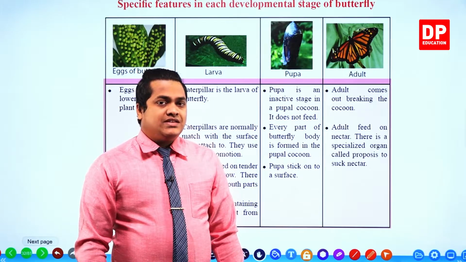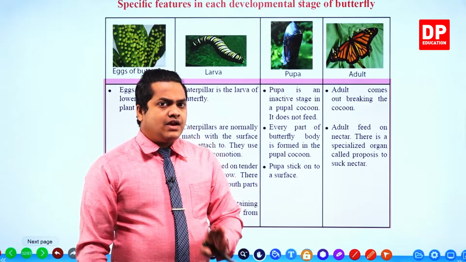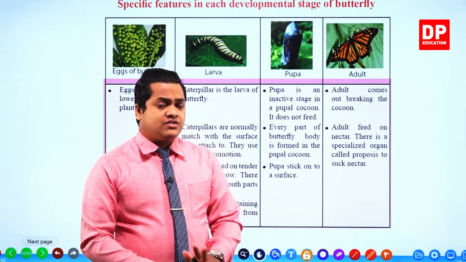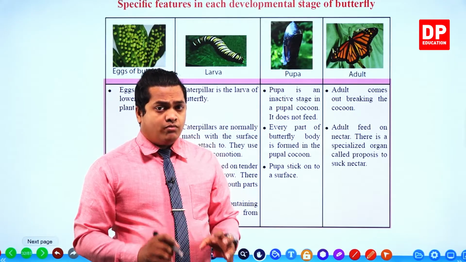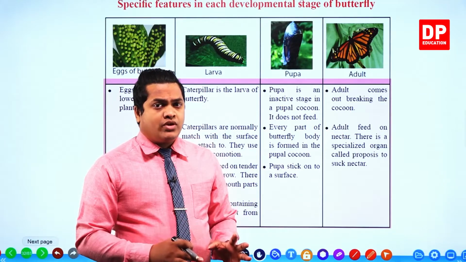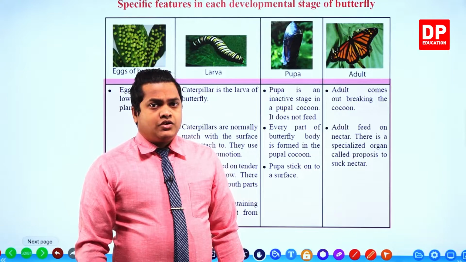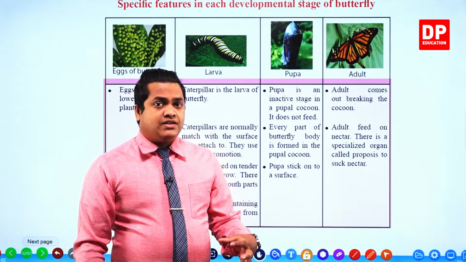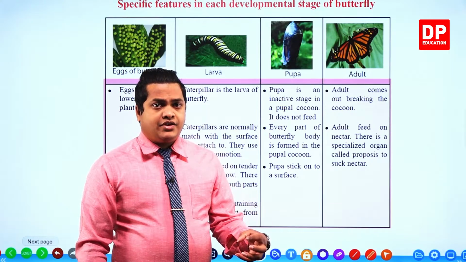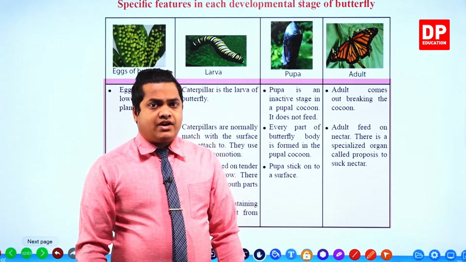Okay, so these are the special features that can be observed within the body structure of the caterpillar. As you can see here, caterpillars are showing different adaptations to fit into their environment.